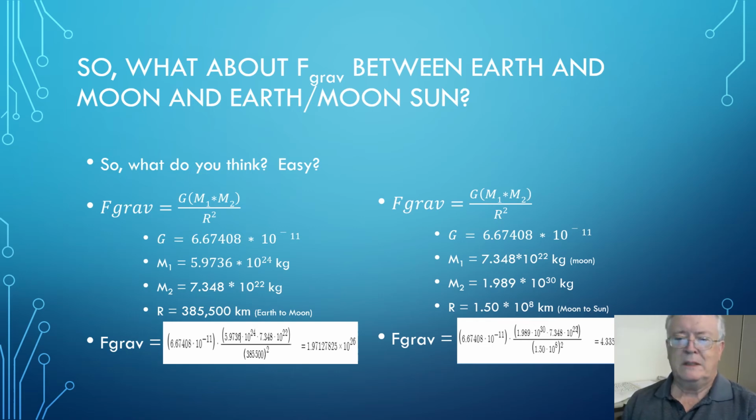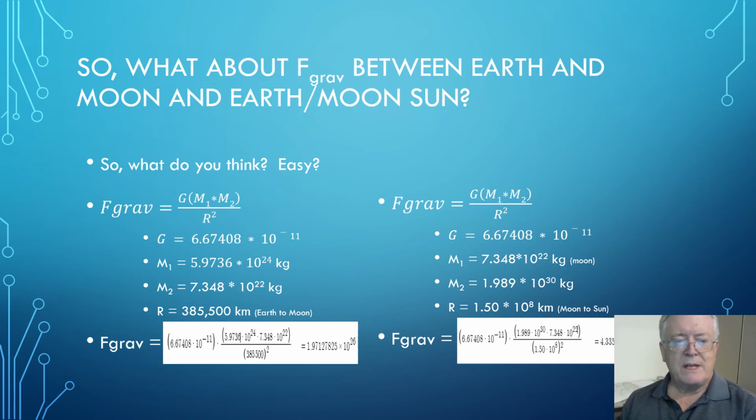Sorry about that. So you plug all those numbers in, and I used my calculator. By the way, these calculations and answers are cut and paste directly from the calculator, so I didn't doctor anything. So you have big G, mass of the sun, mass of the moon, the distance between them squared, and I get 4.335 times 10 to the 26.